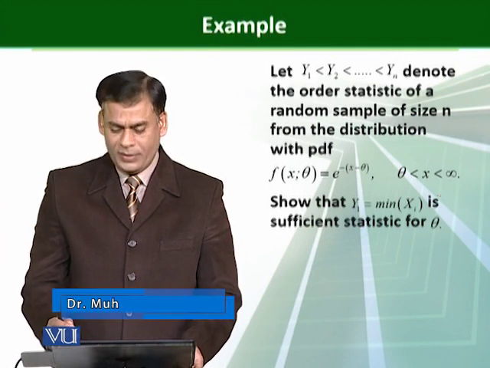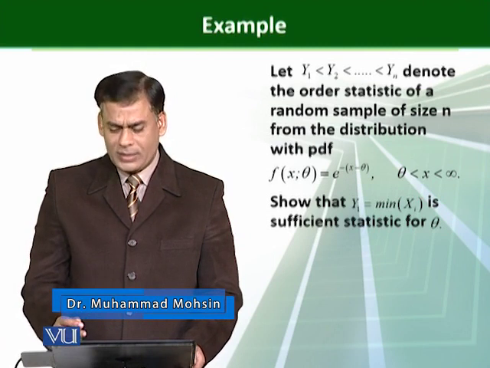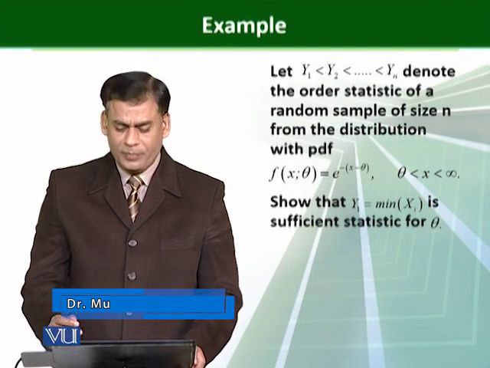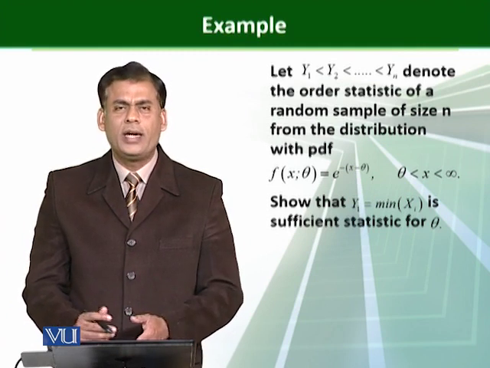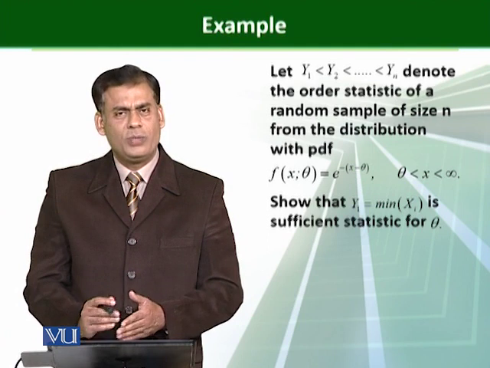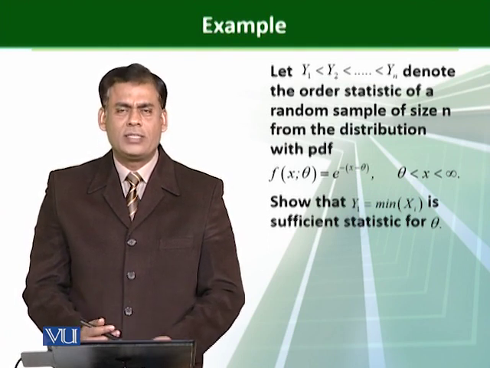Show that y1, which represents the minimum of xi, is the sufficient statistic for theta. So how do we proceed?